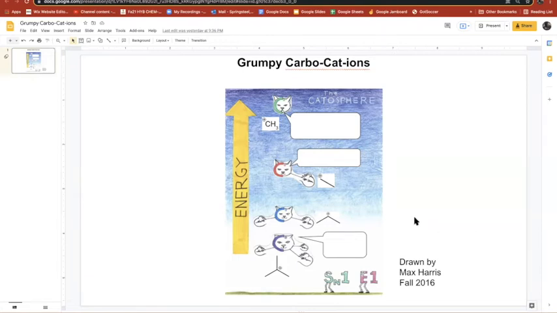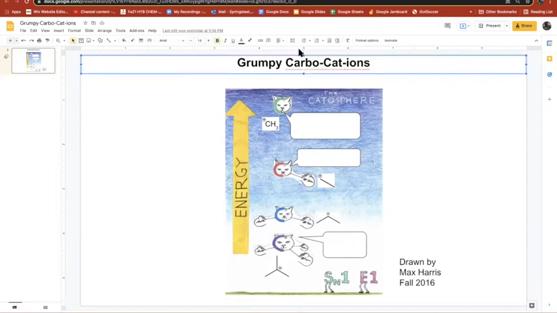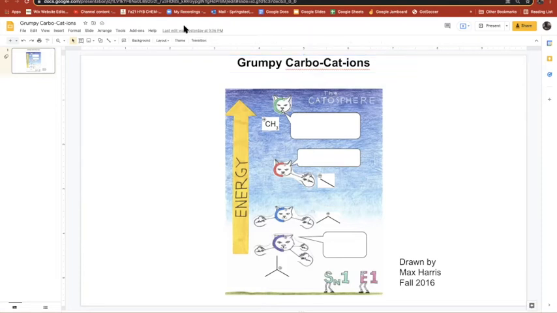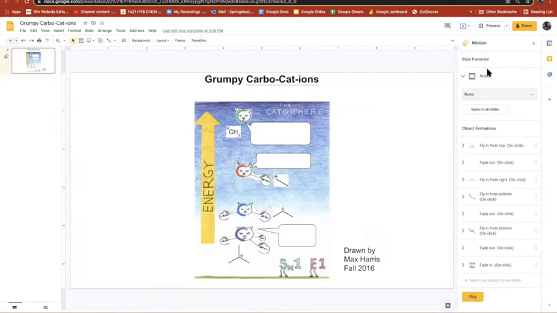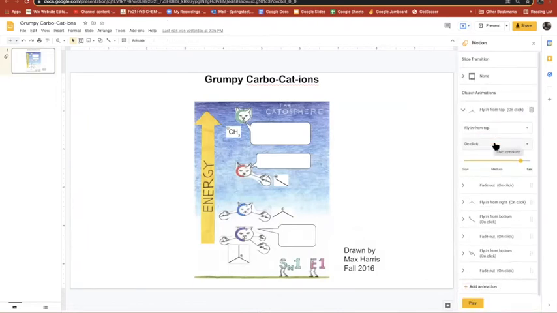So here's what I was thinking. It's interesting that's already there. How did I move this? Animate, transitions. Oh yeah, it makes sense that it's there. I'm just not presenting yet.